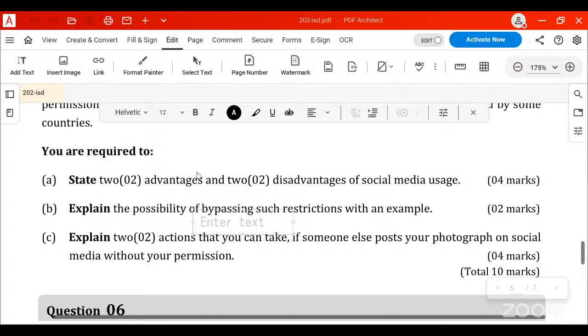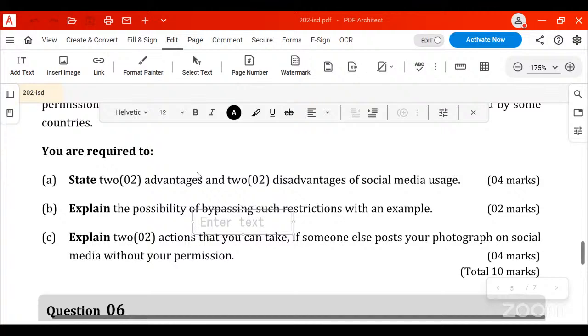Use the platform's built-in reporting tools to flag the content as a violation of privacy or intellectual property rights. Most platforms have specific policies to handle such cases, right? In addition, we can complain to the government authorities.